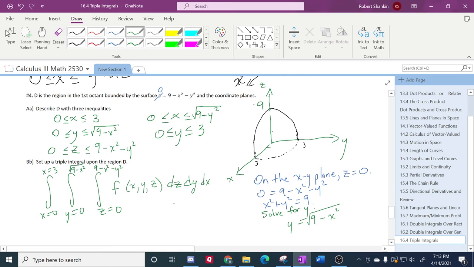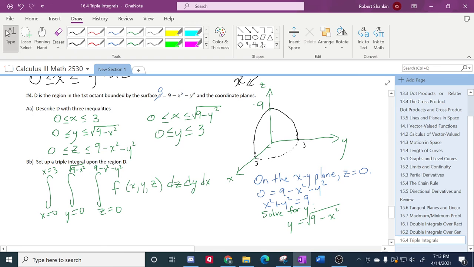So z is from 0 to 9 minus x squared minus y squared. And there's the triple integral over this region. And if your f of x, y, z is 1, then you're going to get the volume of this region. Now, one of the new abilities you're going to get now is to take volumes of regions that we couldn't get with double integrals.